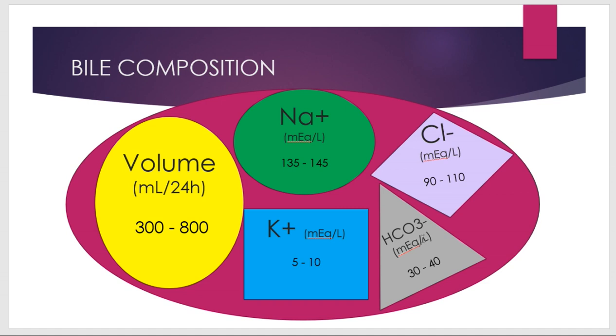So here we can see that in bile all the four important ions are there: sodium as well as potassium, the chloride and bicarbonates. The highest amount is of sodium ion. Lowest one is potassium, 5 to 10 milliequivalents per liter.